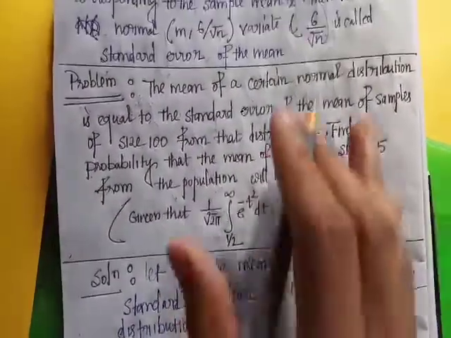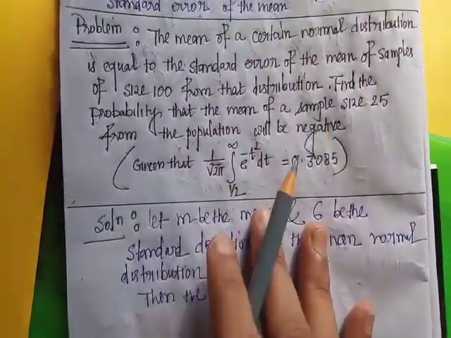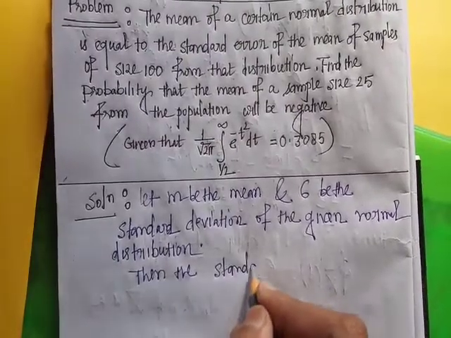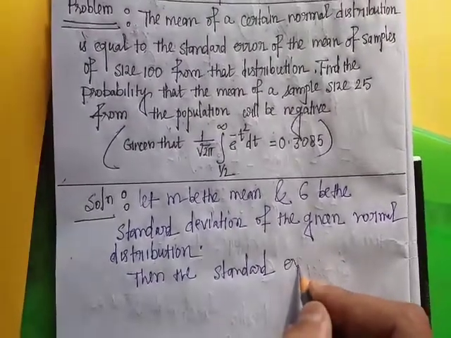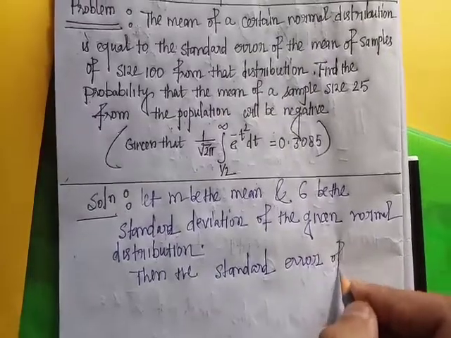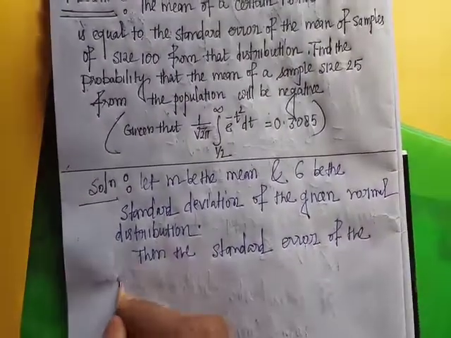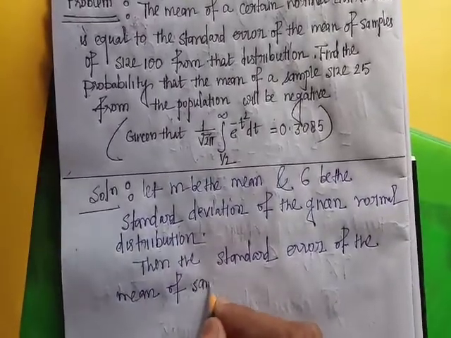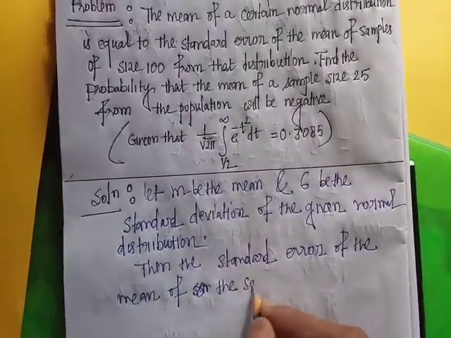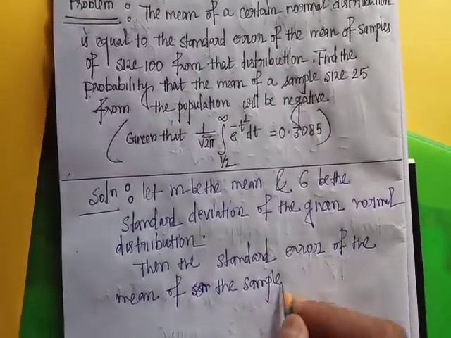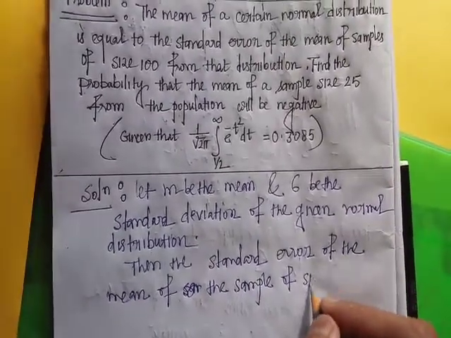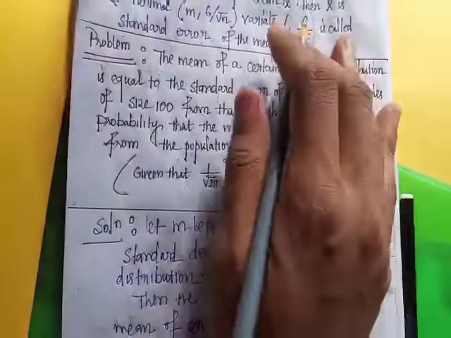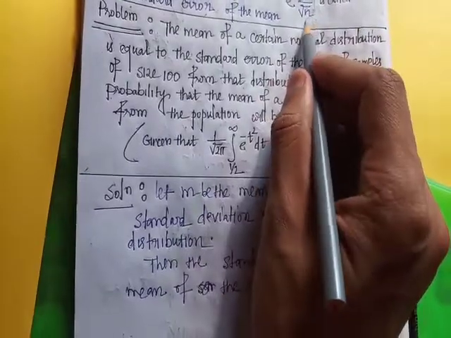The standard error of the mean of the sample of size 100 is, the formula of standard error is sigma by root over n, where n is the sample size.